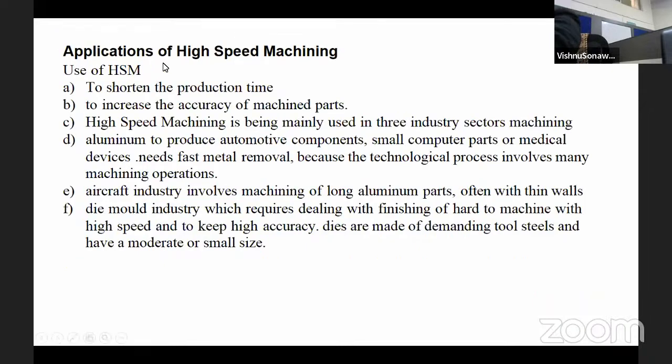Here the application of high speed machining: the use of high speed machining is to shorten the production time and increase the accuracy of these parts, and these are the different industries.